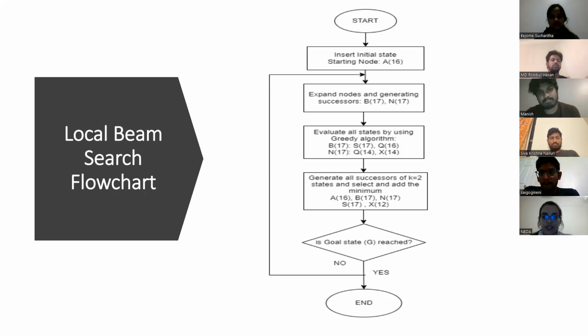If we reach the goal, which in this project was goal G, the process is done. Otherwise, this process repeats until it reaches the goal.